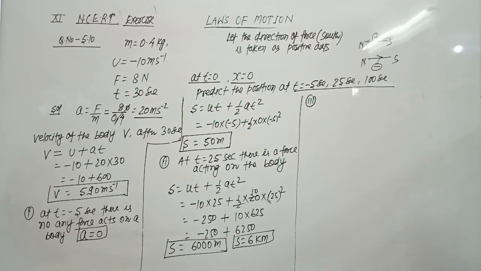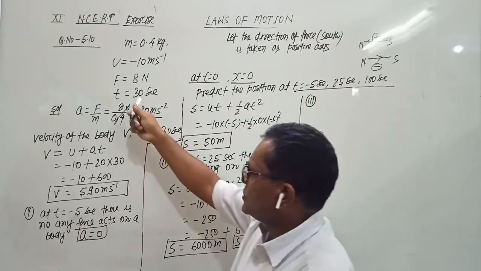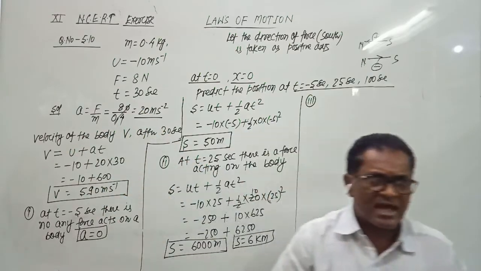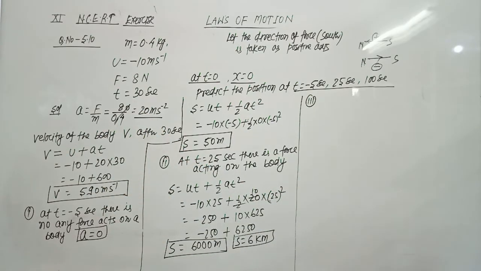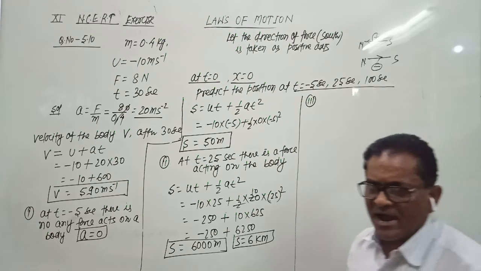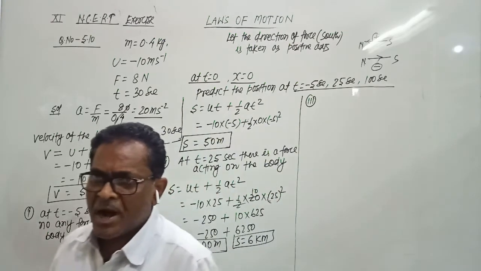From time t equals 0 to 30 seconds, there is a force acting on the body, but after 30 seconds, from 30 to 100 seconds, there is no force acting on the body. So we find the position in two parts.